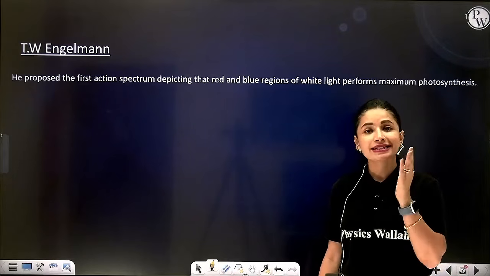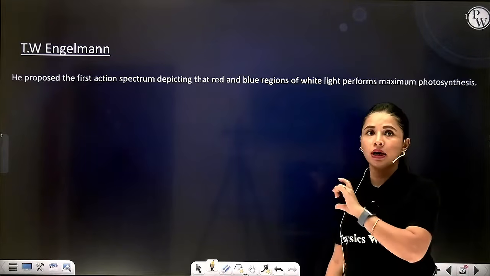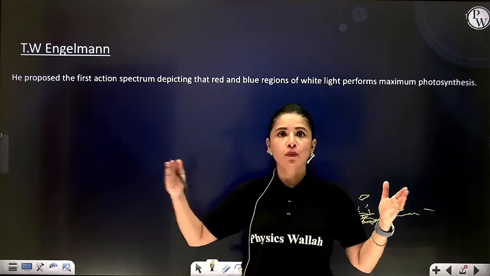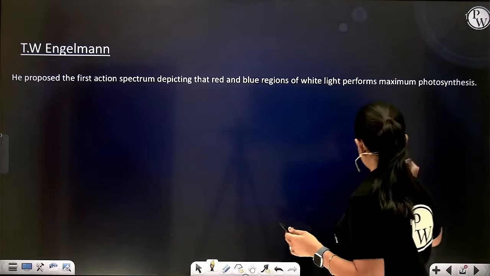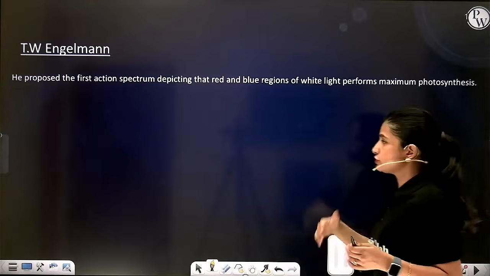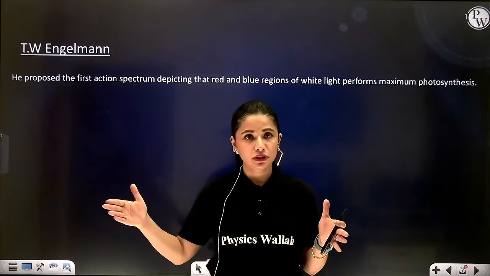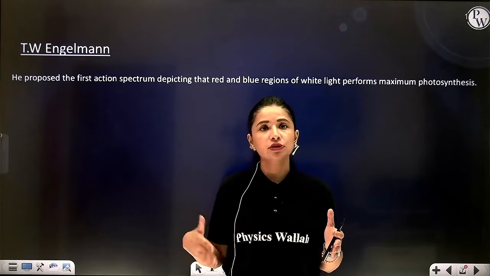You know that sunlight comprises so many regions, but the one which is useful to us is the visible spectrum, that is generally called white light.